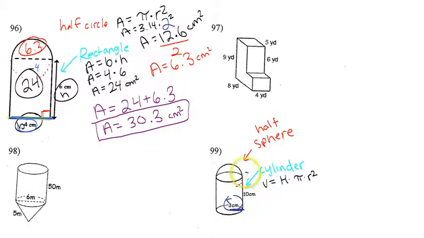And the height tells us how tall it is. This cylinder is 10 centimeters tall. That's my big height. So I have the two pieces I need. I'm going to plug them directly into the formula. V equals my big height of 10 times pi, which is 3.14, times my radius, which is 3, squared.